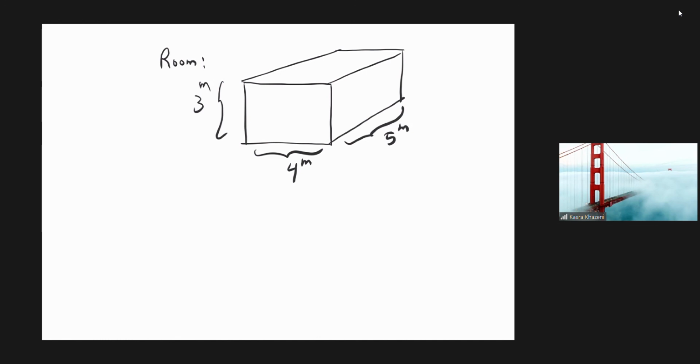So let's calculate the mass. Let's actually calculate the weight of the air inside this room.